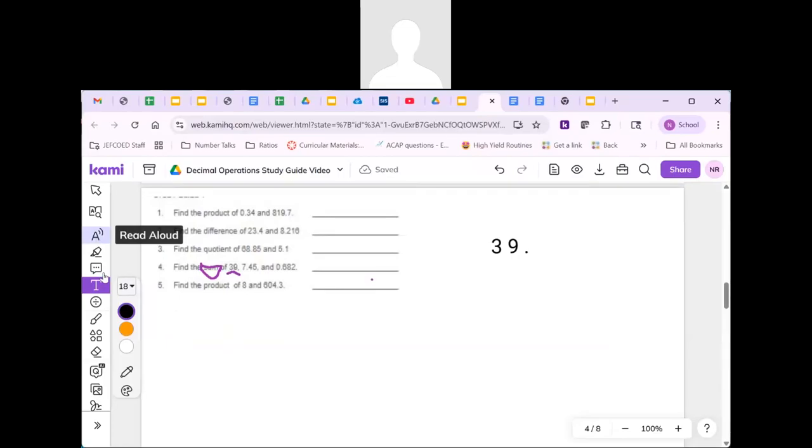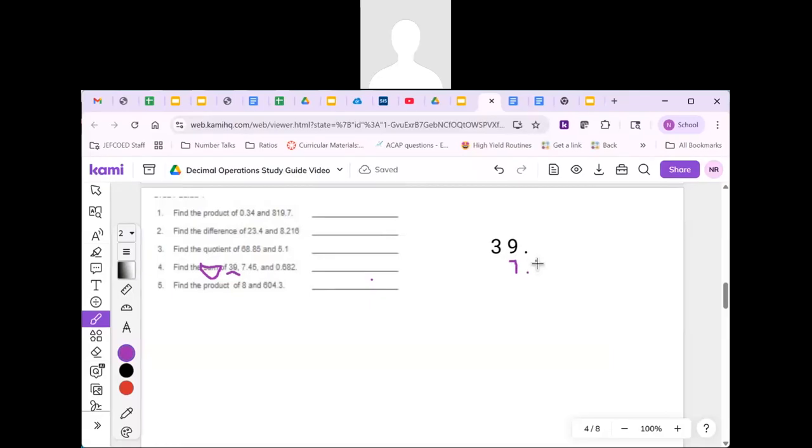Okay, so I want to line up my decimals, right? So the first thing I'm going to do is put, I'm sorry, let me get my pen, is put a decimal below it and then think what is in front of the decimal in the next number, 7, and what is behind the decimal, a 4 and a 5. Okay?